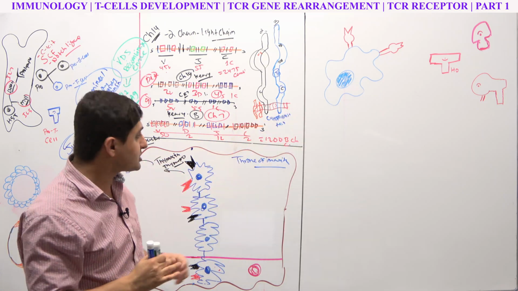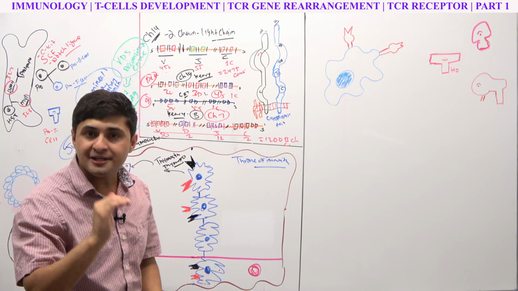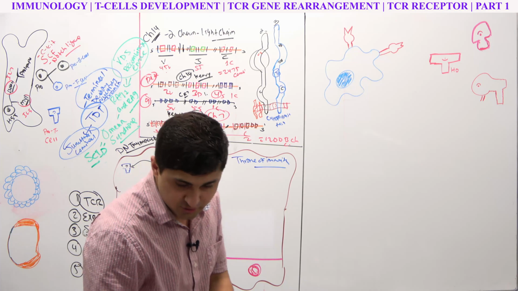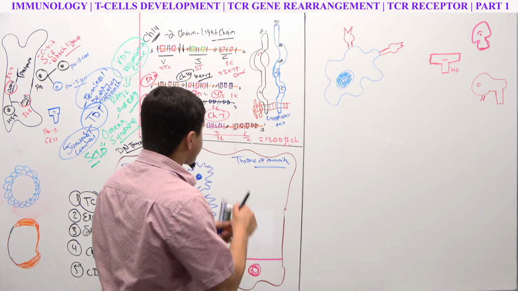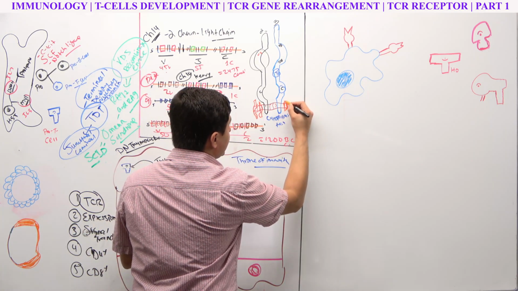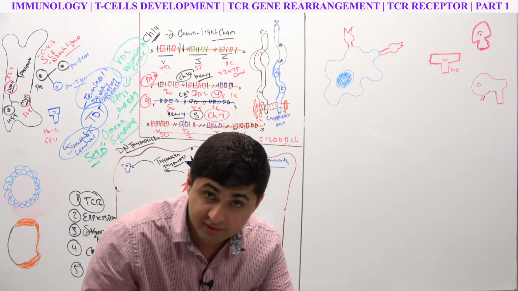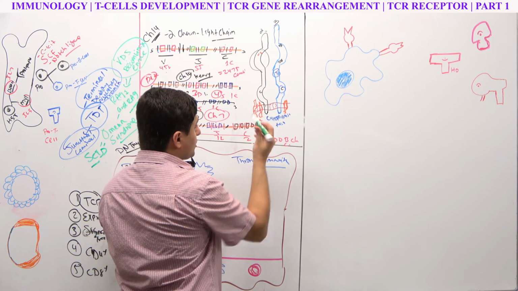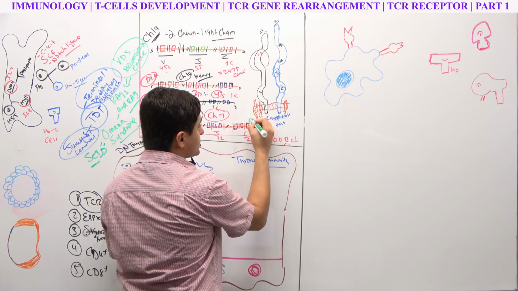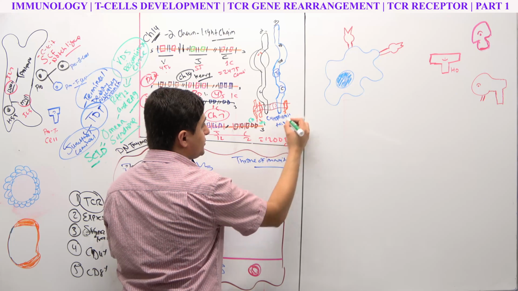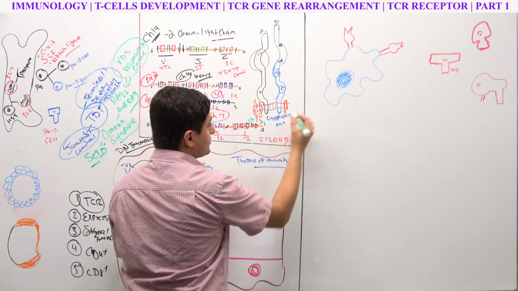I'm not going to go super detailed about it, but know that there are going to be 3 of them. Let me just write down 3 of them, because there are going to be 1, 2, 3, right? Because of that, we call them clusters of designation: cluster of designation number 1, number 2, and number 3.